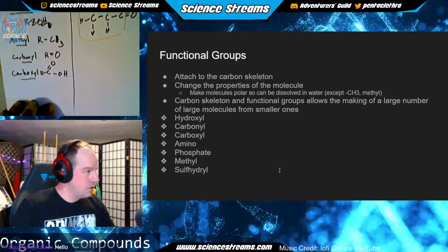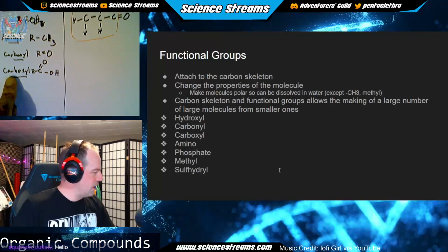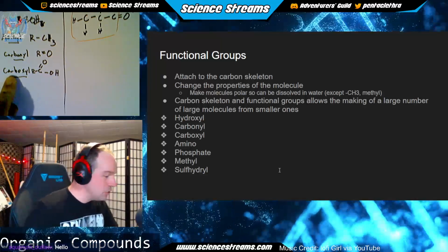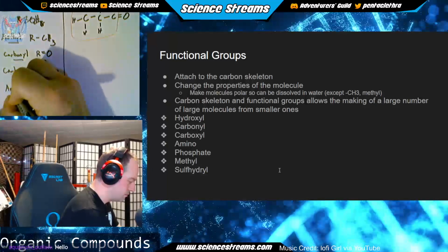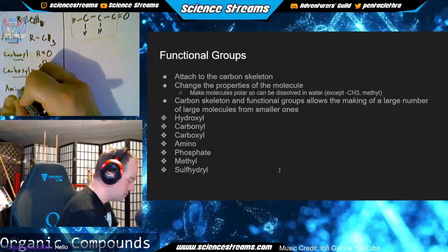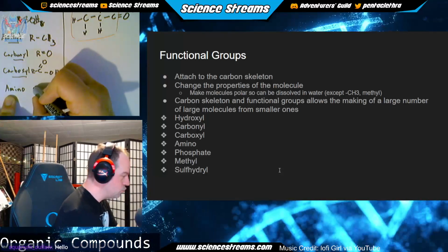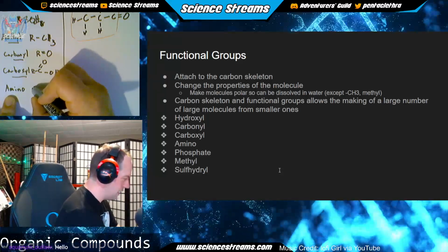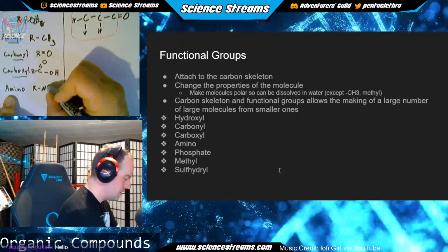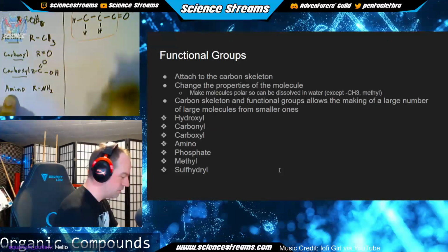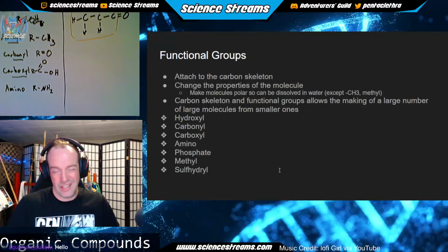Next, we're going to look at our amino group, or amine group. Sometimes you will see different names for these, and they might be written different ways. Sometimes you will see this as an NH3.